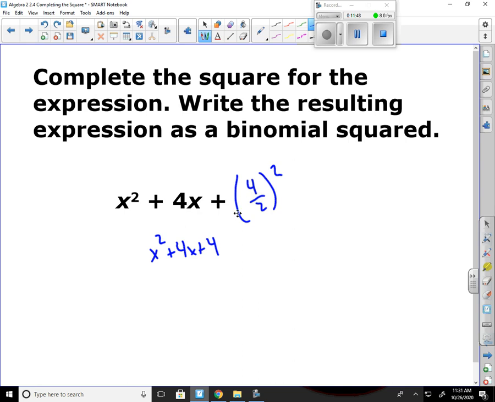Rewrite it as a binomial squared. That means that this needs to be x plus whatever I got inside of here, which was 2, squared. The key is to get the procedure down on these. You really have to get the process down.